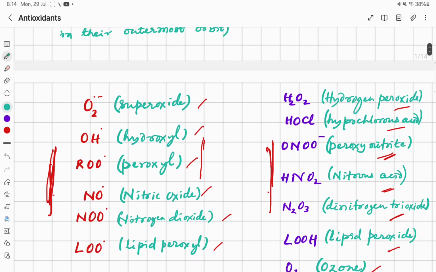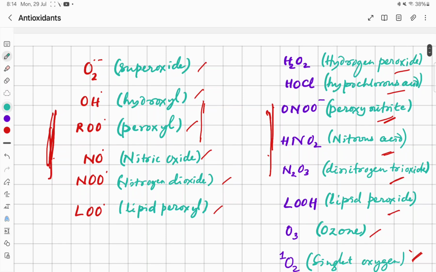The radicals, we call them free radicals. You can see superoxide, hydroxyl, peroxyl, nitric oxide, nitrogen dioxide, lipid peroxyl. All these are the free radicals.